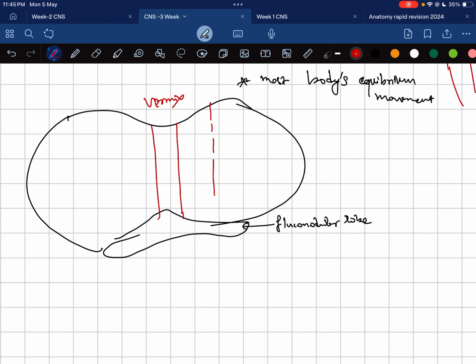After the vermis, there is the intermediate zone of the hemisphere. This is the intermediate zone of the hemisphere.